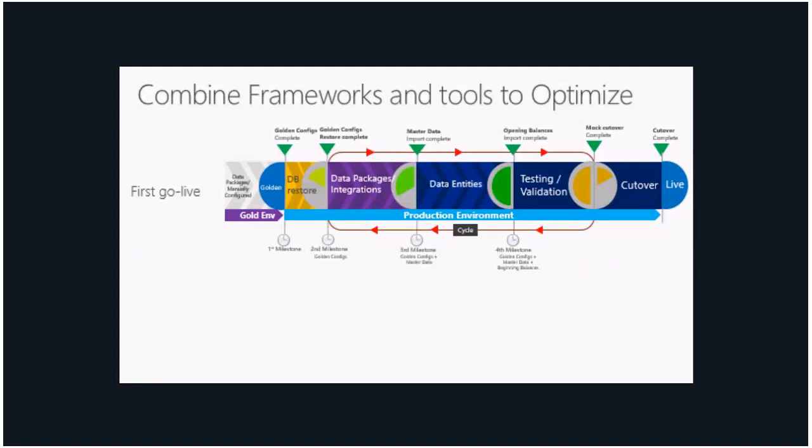You take your data from your golden environment, and how you populated that golden environment, we just explained that, right? It can be using your data packages, or maybe you did some manual configuration. Hopefully, you are doing this mostly with packages, right? But once you have your golden environment, you export this data to your sandbox, or in this case, production environment.